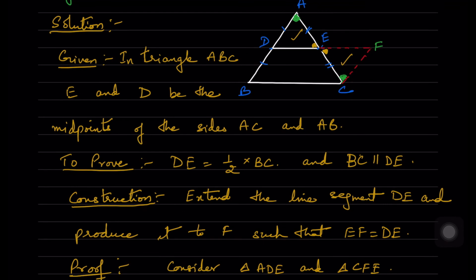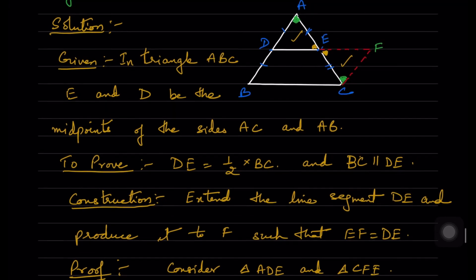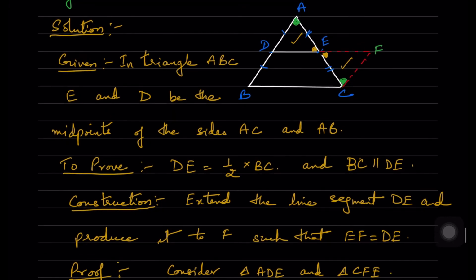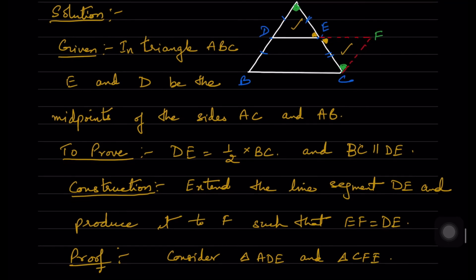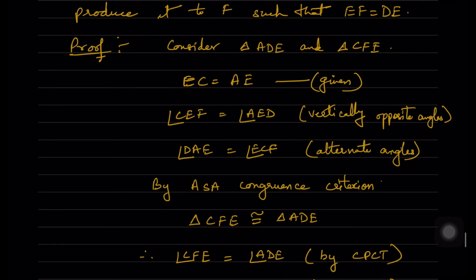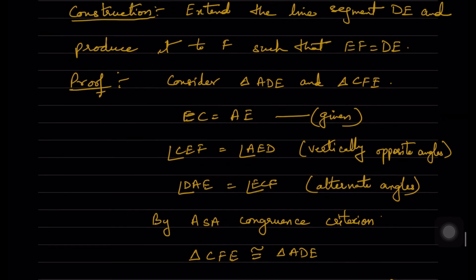You are given that EF is parallel to BC. You can take that DF is parallel to BC and this is a transversal, therefore DAE and these two are alternate angles.